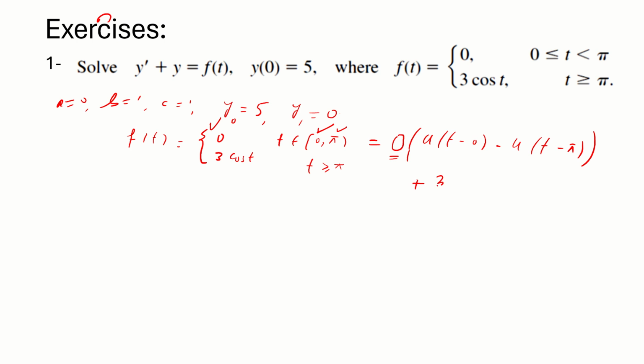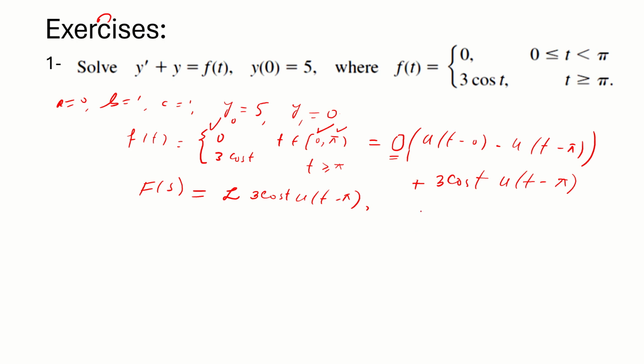Plus 3 times cos t, that is the function, multiplied by u(t minus pi). So from here we will be finding f of s. So f of s will be the Laplace transform of 3 cos t u(t minus pi).